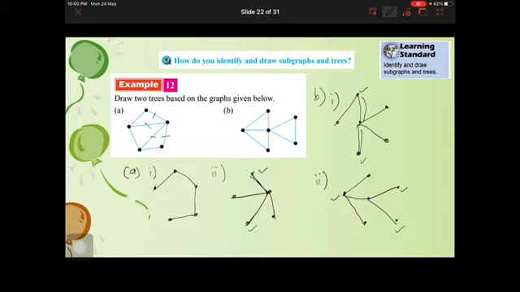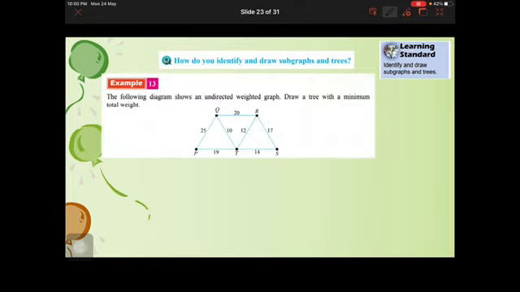Now example 13. The following diagram shows an undirected weighted graph. This is undirected, no direction, and also a weighted graph. There is weightage for each edge. So draw a tree with a minimum total weight. Now we know for a tree it depends on the number of vertices.